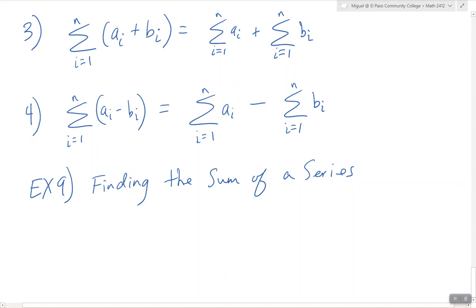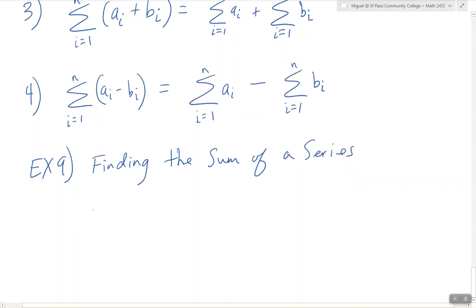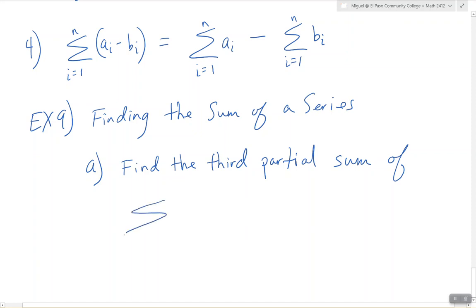there's two parts to this, so let's do one at a time. So for A, they want what they call the third partial sum. So let's write that out. Find the third partial sum. This is sigma from 1, and they said it could be finite or infinite, so this is infinite, of 3 over 10 to the i power.